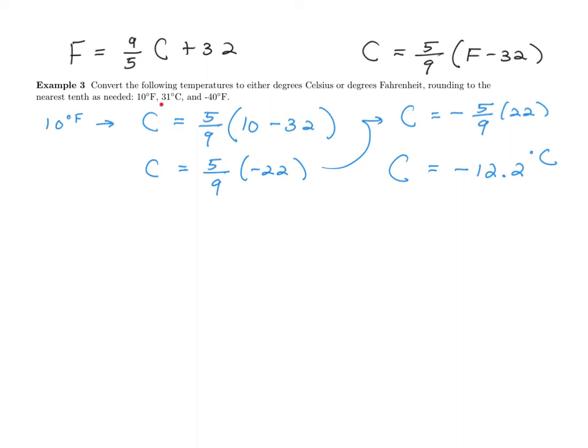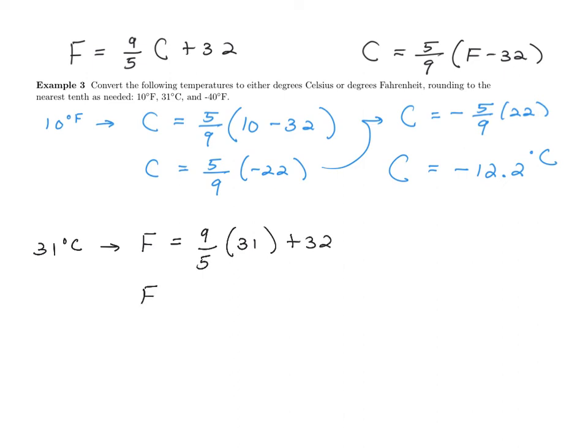Okay, let's try 31 degrees Celsius. So we'll have to convert this to Fahrenheit, which means I'm going to use this formula here. So for that one, 31 degrees Celsius, I'll go to the formula. Fahrenheit is equal to 9/5 times 31 for Celsius, and then we add 32.